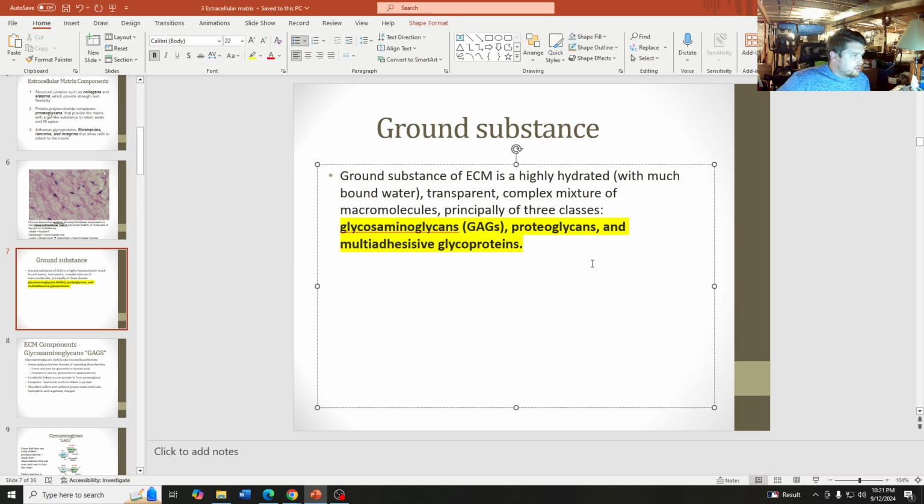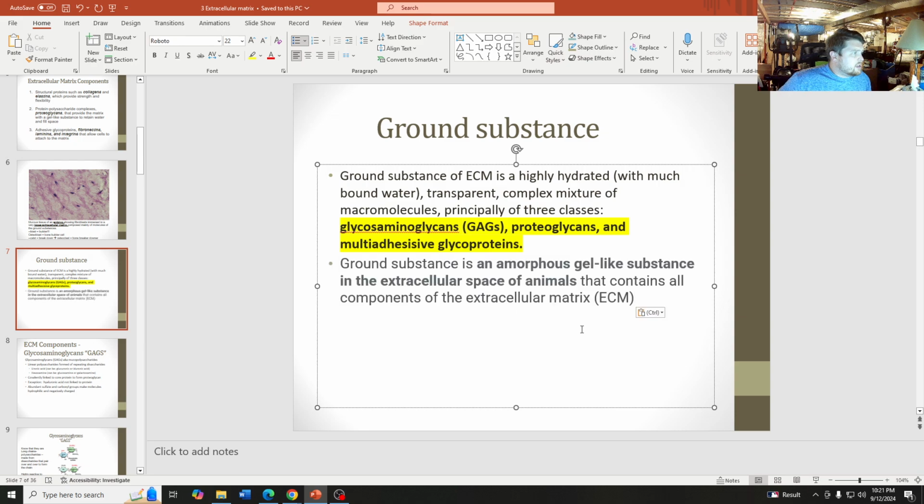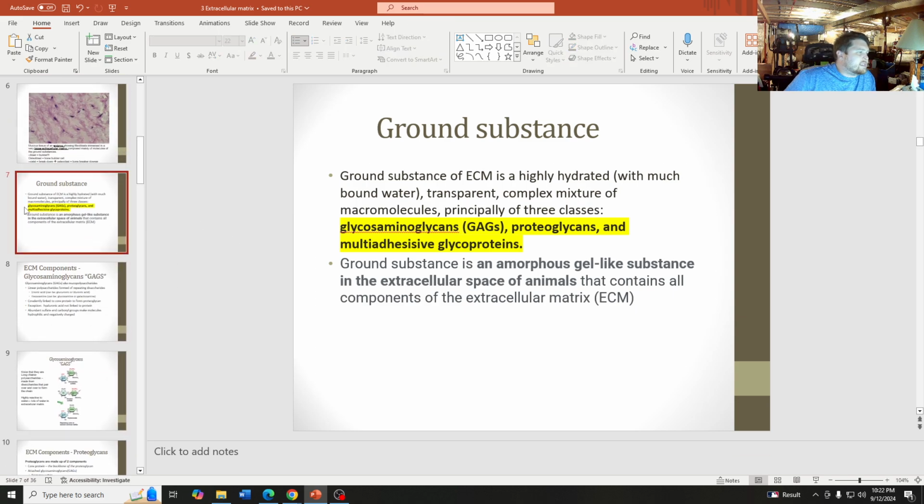The ground substance is an amorphous, so it doesn't have a full shape, kind of just oozes into everything, gel-like substance in the extracellular space of animals that contains all of the components of the extracellular matrix. So the ground substance is kind of that goo that's in between everything.